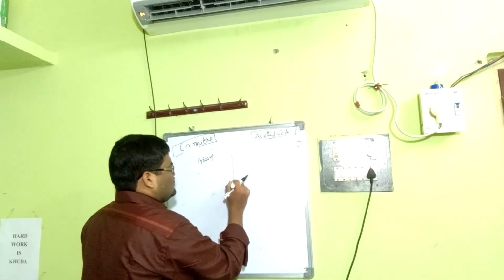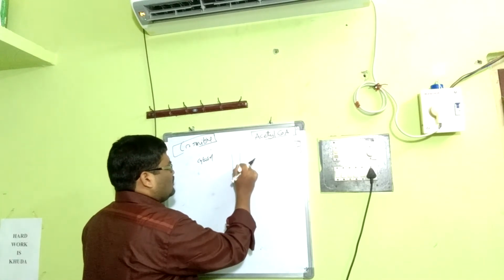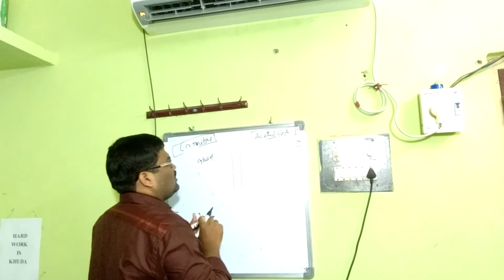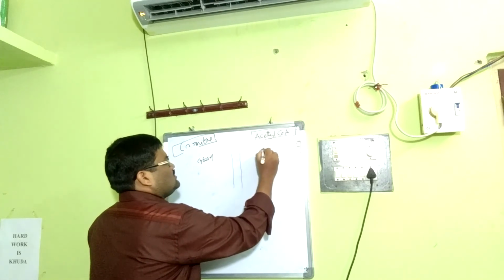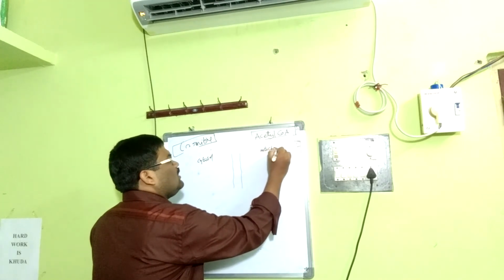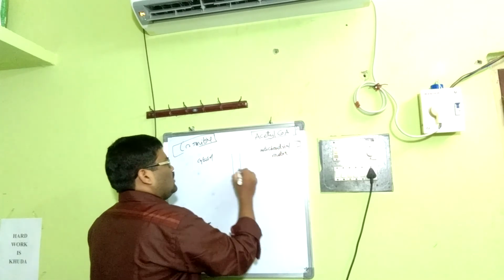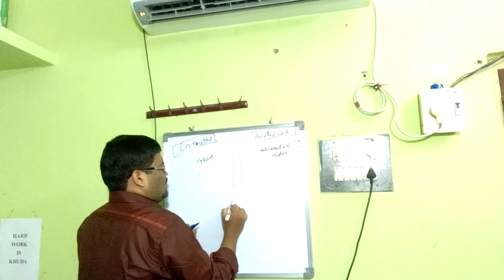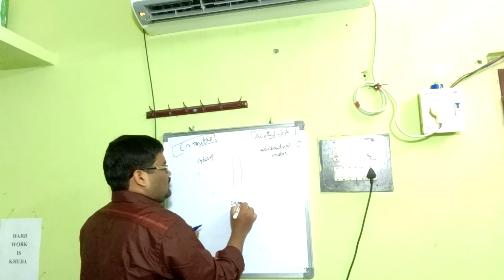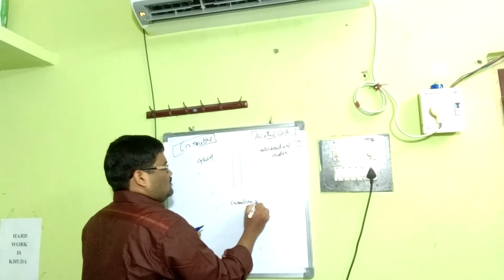So consider this as the inner mitochondrial membrane. This is the mitochondrial matrix inside. Carnitine system, how?